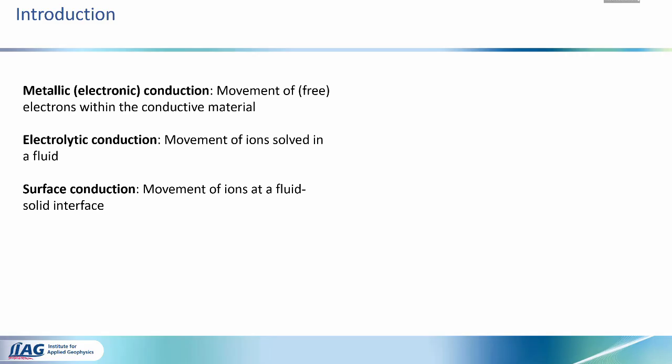The second thing is electrolytic conduction, which is also transporting charge, but not by free electrons, but by ions in a fluid. That's already a difference, and that's what we mostly will talk about. This is the more important thing for us, because it's the ions which are dissolved, for instance, in water, and make the water saline and able to transport charge.